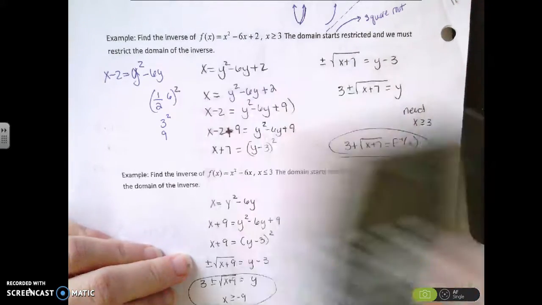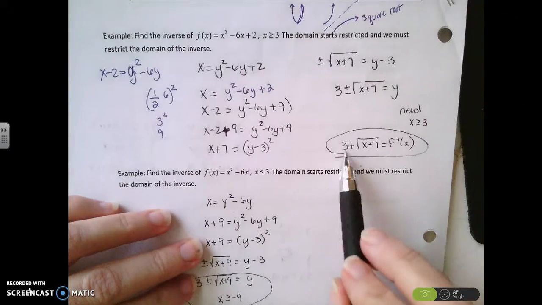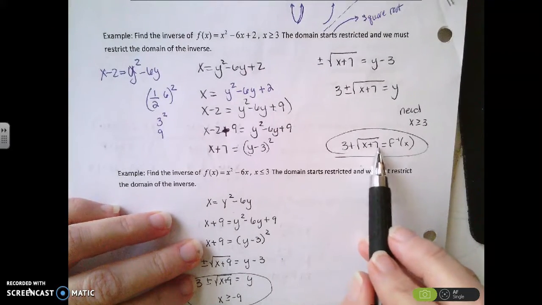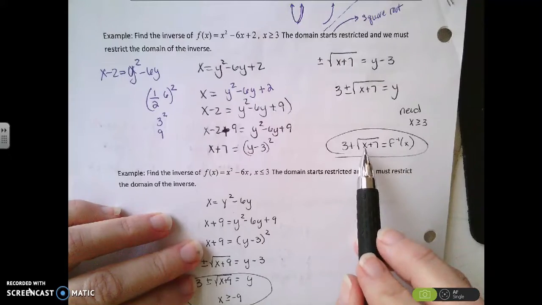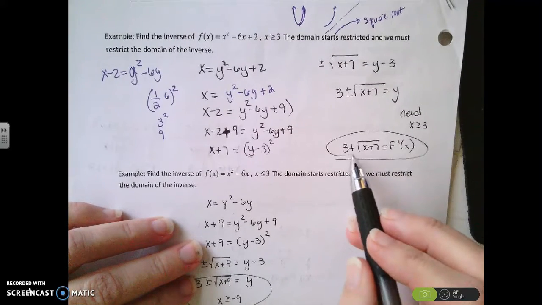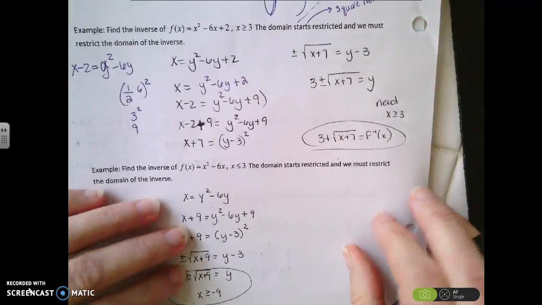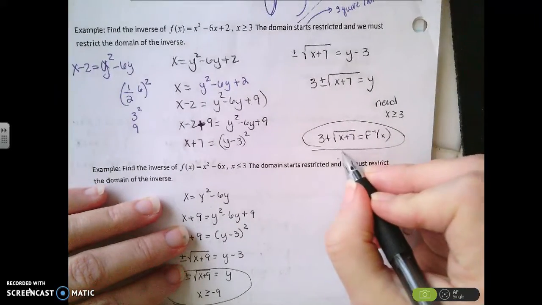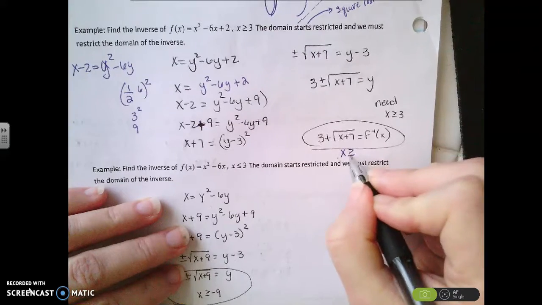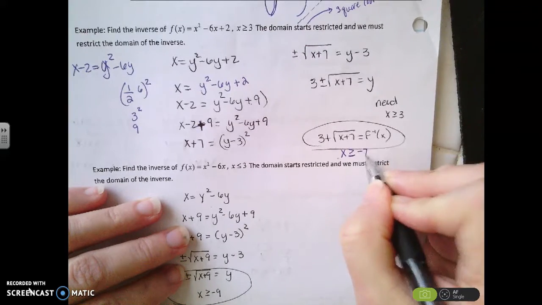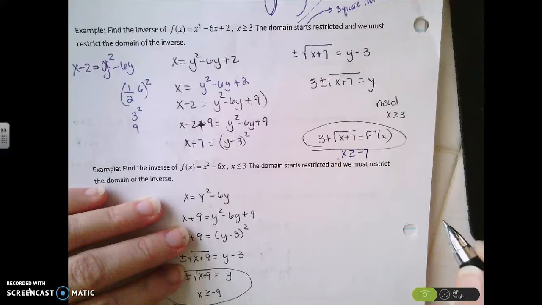So your inverse is just going to be 3 plus the square root of x plus 7, not both parts. And so now when we're looking at this, we also need to restrict our domain, so x has to be greater than or equal to -7, because remember you can't have negatives in the square root.